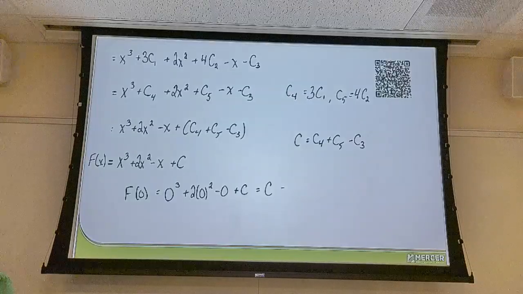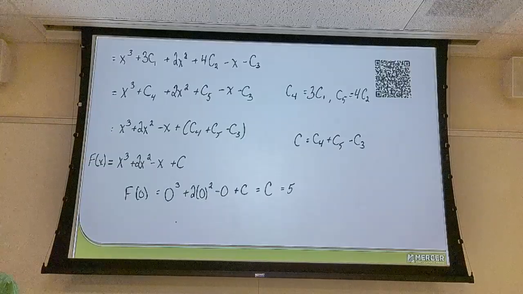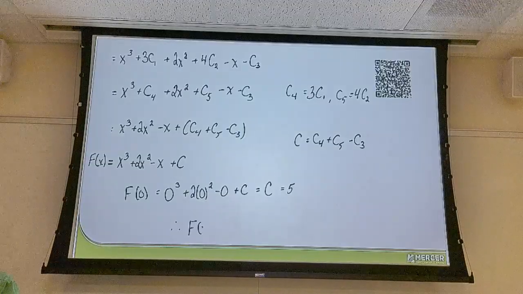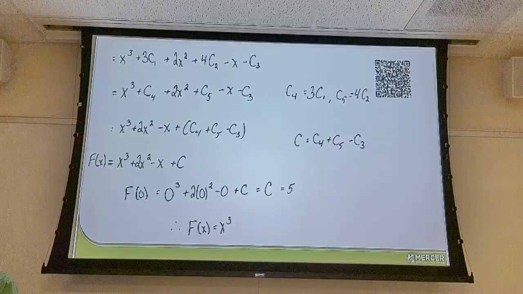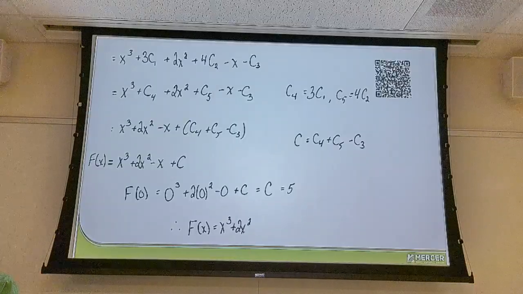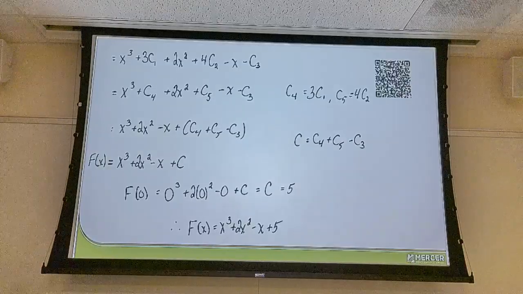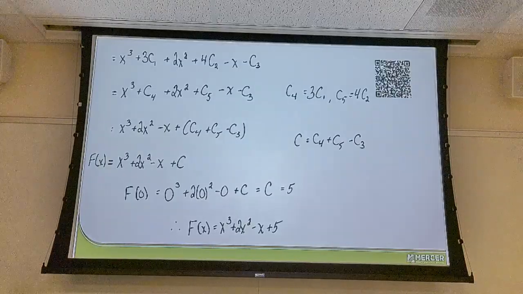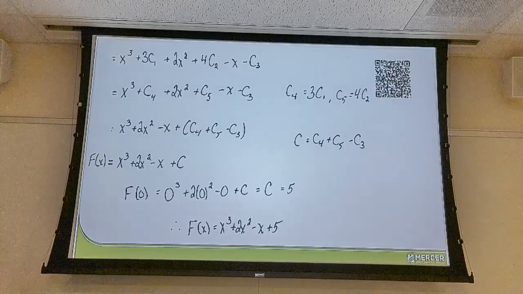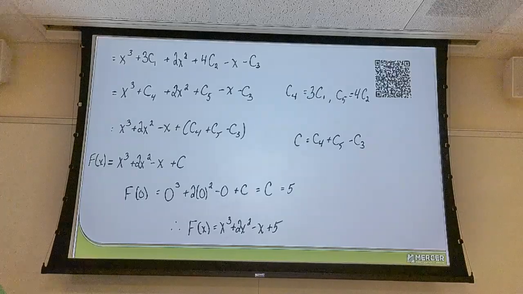Oh, doesn't that have to equal 5? That means C is 5. There's a solution to the initial value problem. Initial value problems will have one unique solution.